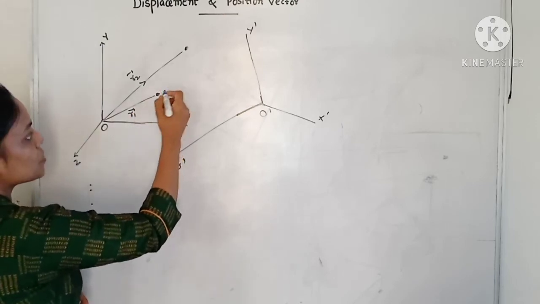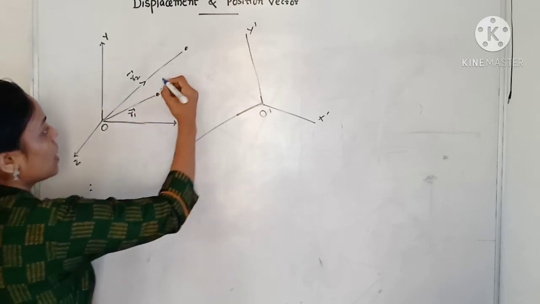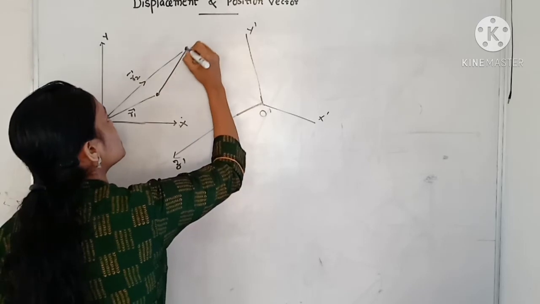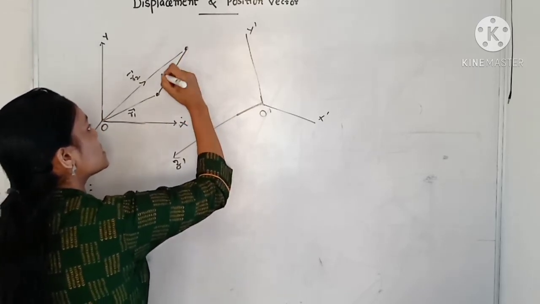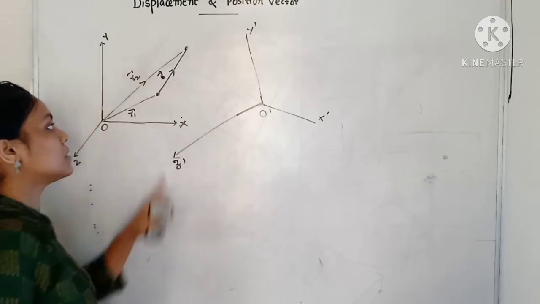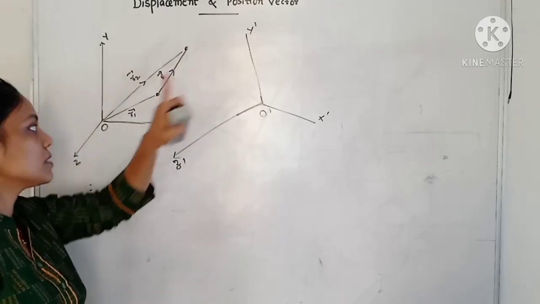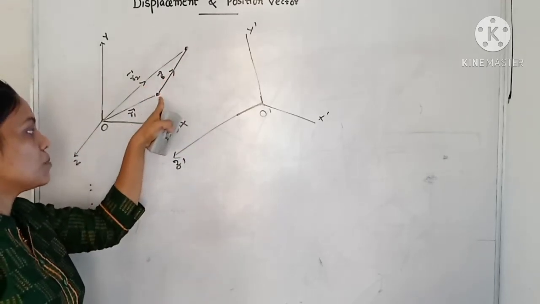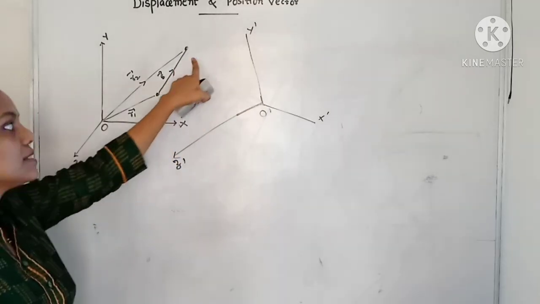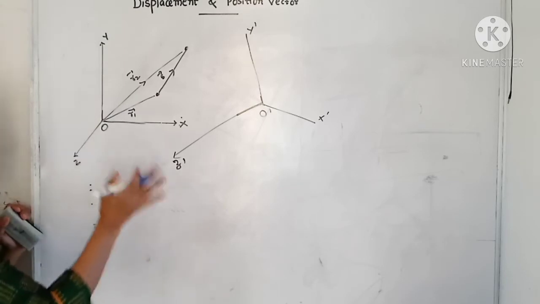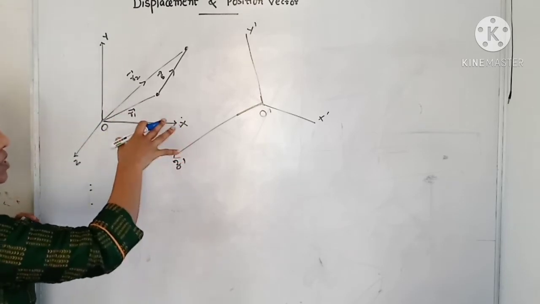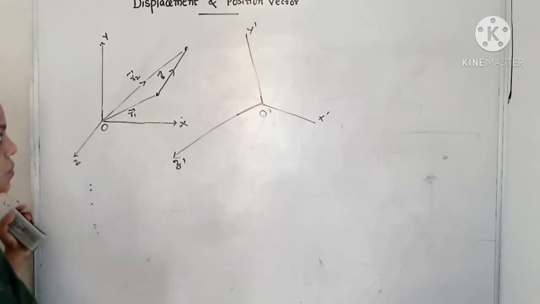So the displacement vector S is the displacement vector from this point to this point. The point is displaced from this point to this point, so this is the displacement vector. We can draw displacement vectors and position vectors from the second coordinate system also.